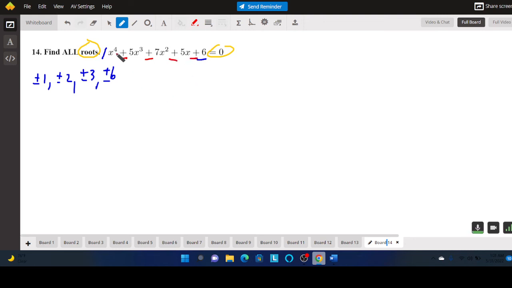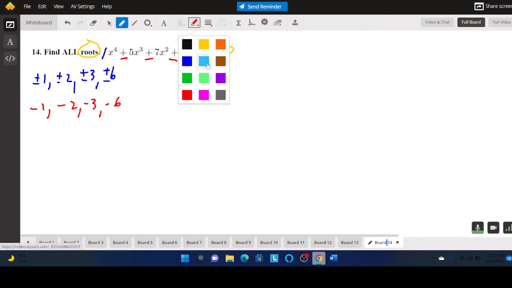So inserting a positive number will not make this equal 0. Only a negative number will make it equal 0. So we only need to try negative 1, negative 2, negative 3, and negative 6 out of our choices. And at most, we will have 4 roots.